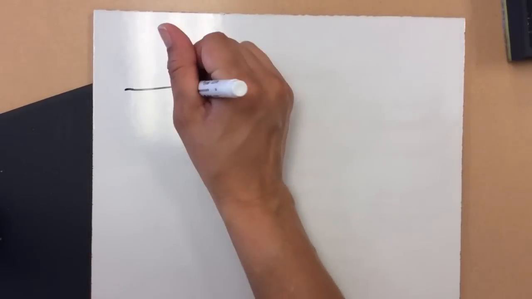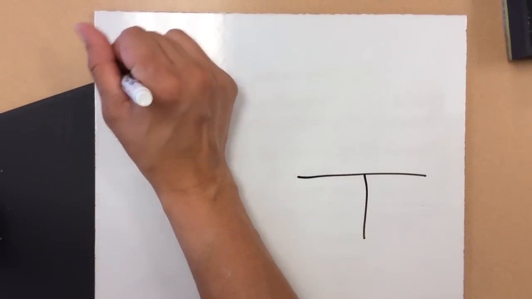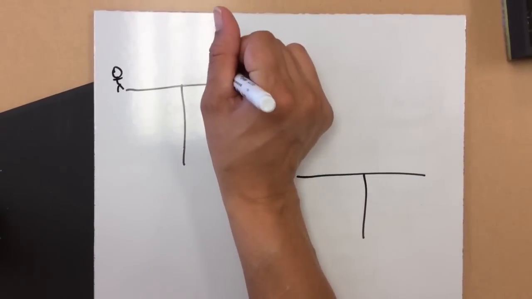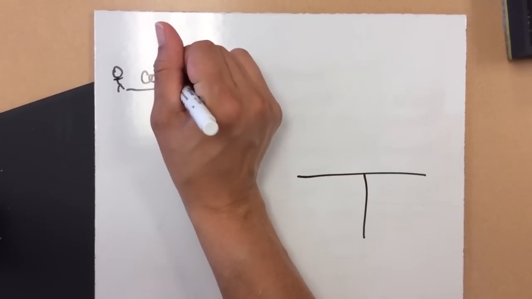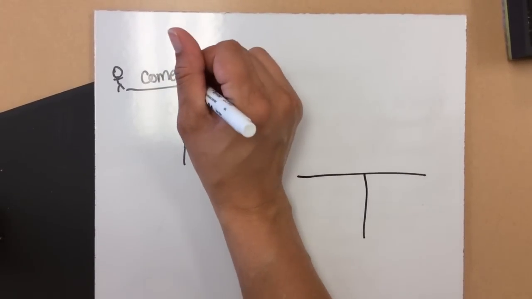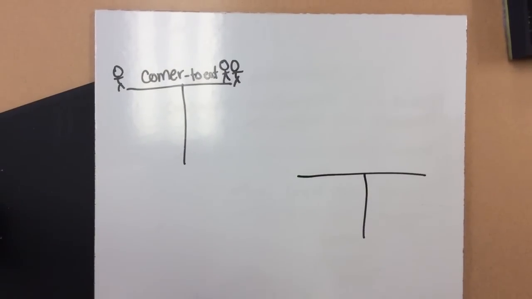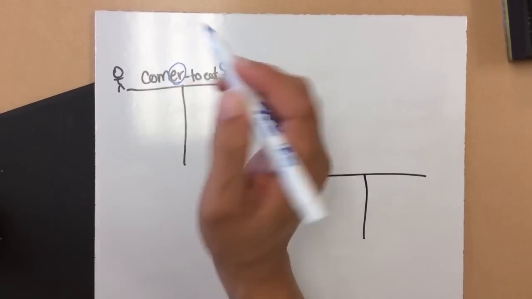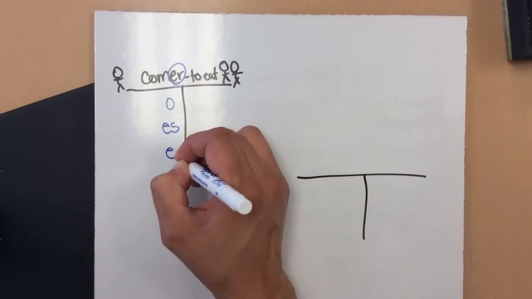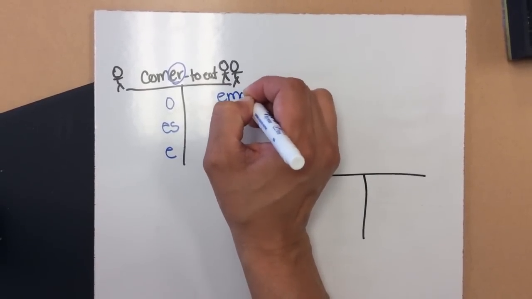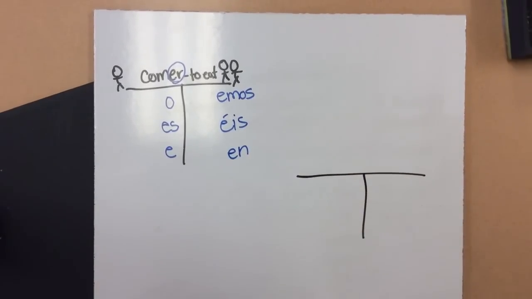Just give me a second to transfer it, because I want you to notice on the endings what happens with ER and IR. And I'm just going to put the endings here. O, es, e, emos, éis, en, to kind of have it.